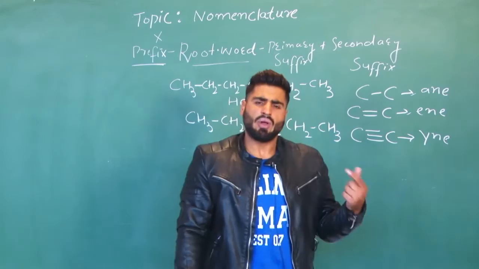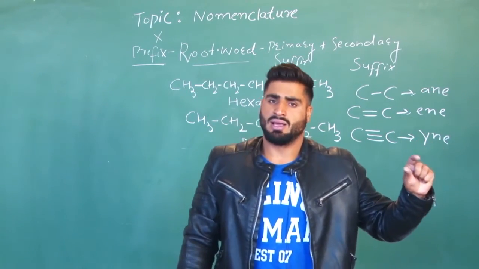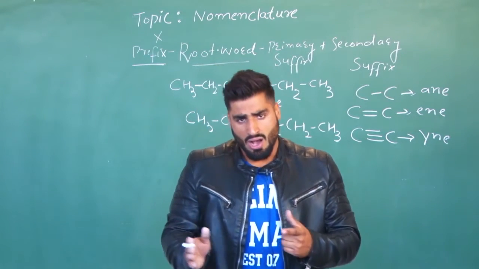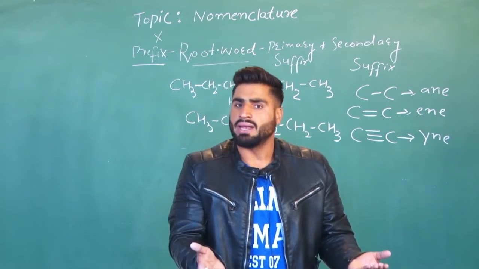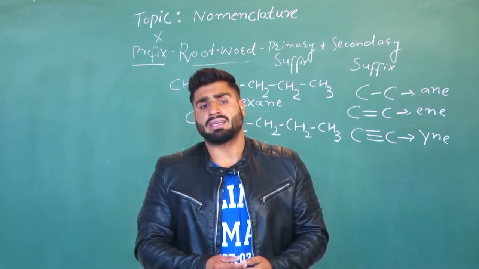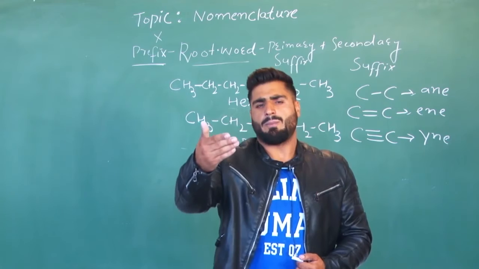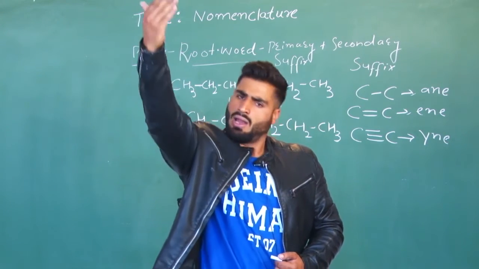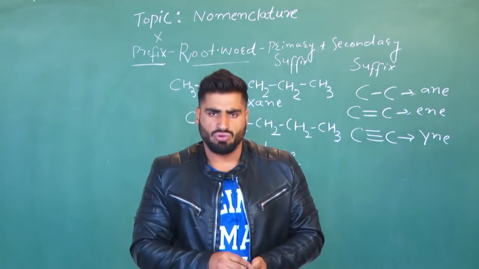Similarly, I can write the nomenclature of linear chain hydrocarbons containing only carbon-carbon single bonds: after hexane, heptane, octane, nonane, decane, undecane, dodecane, tridecane, tetradecane, pentadecane, hexadecane, heptadecane, octadecane, nonadecane, then icosane, and so on.